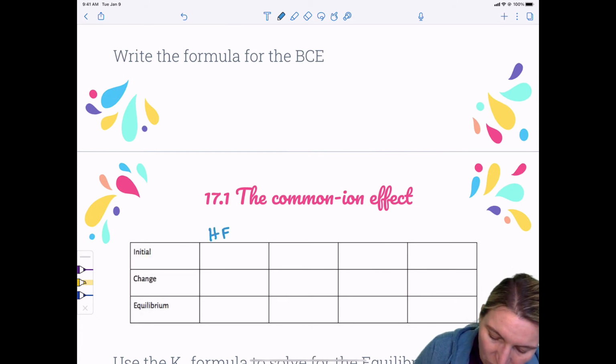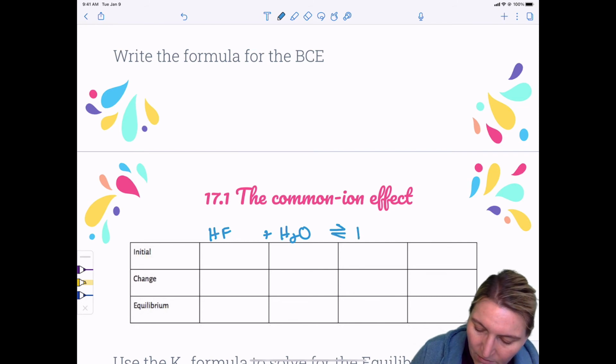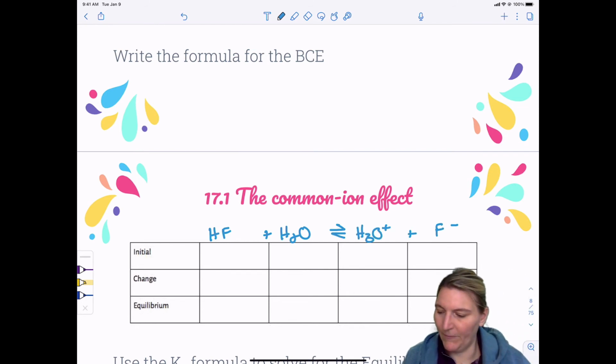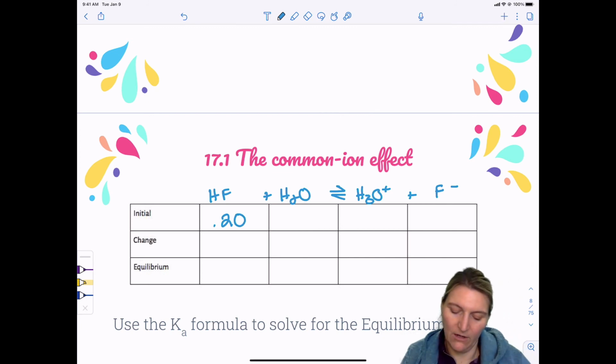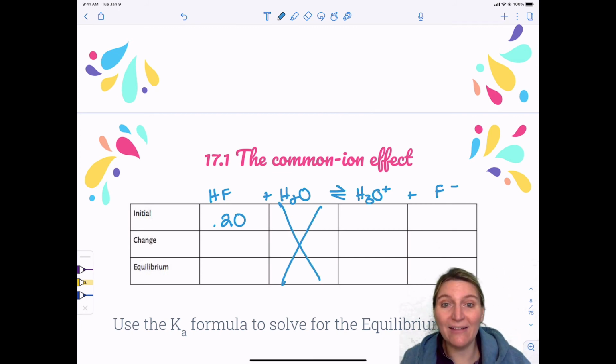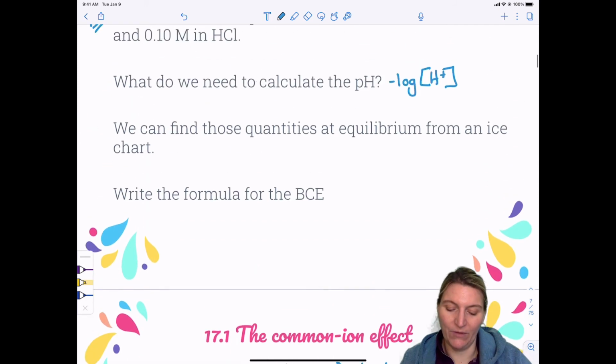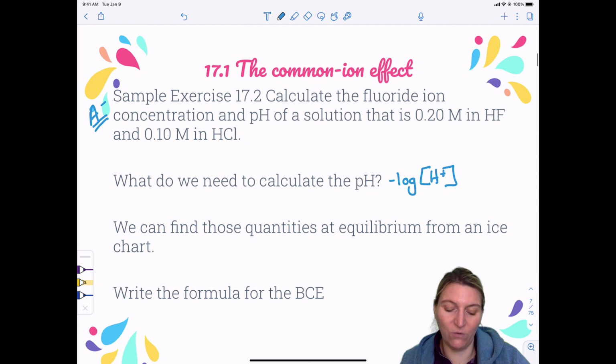It is HF plus H2O in equilibrium with H3O+ plus F-. Okay, what is the initial? So our HF is 0.20. We don't care about water. Remember, this didn't say we started out with any F-. That's what the question is asking us: what is the fluoride ion concentration?